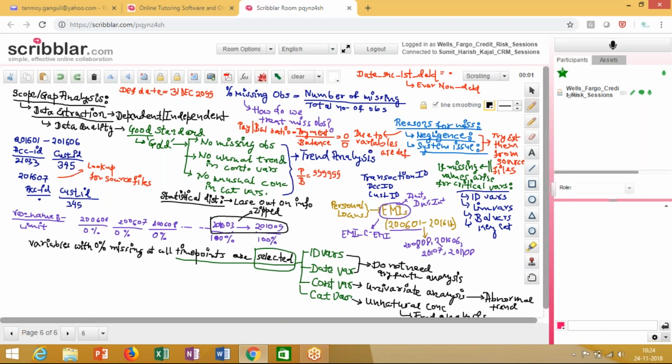Let's take a pause here for the day, and let's do continuous and categorical variables tomorrow, and thereby complete the framework of the data quality check portions. With this part, we'll have covered the scope analysis, identification of the dependent and independent variables, and the data quality check.